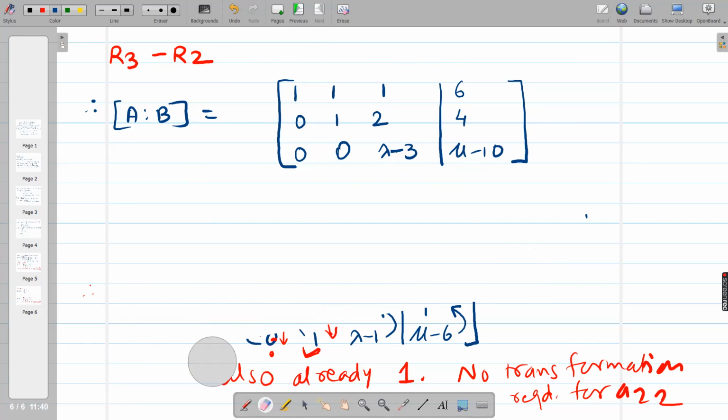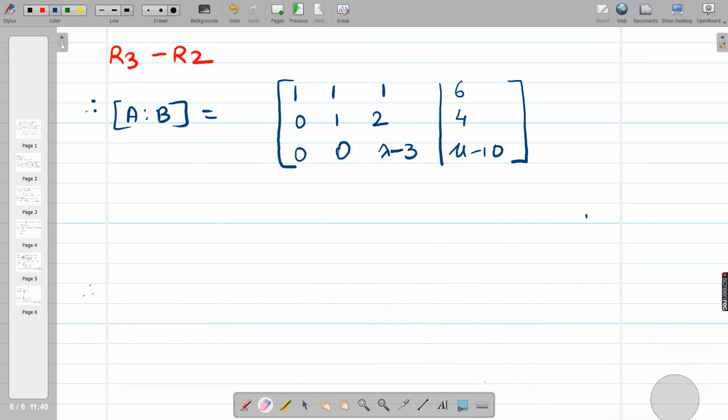Now, I am asked here about the possibilities of all types of solutions: when the system has a unique solution, when the system has no solution, and when the system has infinitely many solutions. So the system will have a unique solution if this particular entry is non-zero.